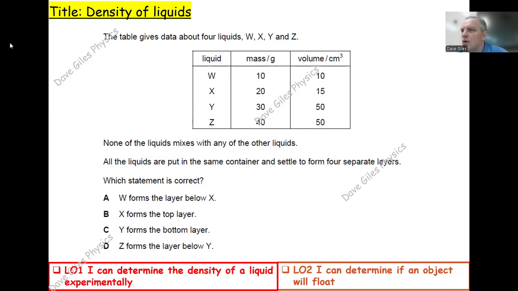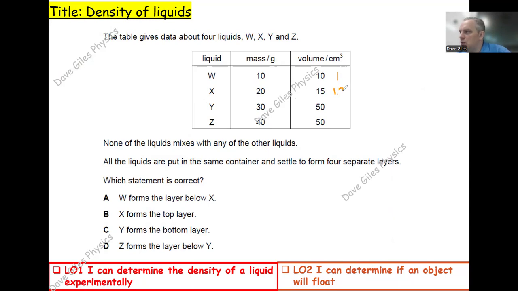So the first one is mass over volume. So it's 10 divided by 10, which is 1 gram per centimeter cubed. Okay, the next one is 20 divided by 15, which gives me 1.3.